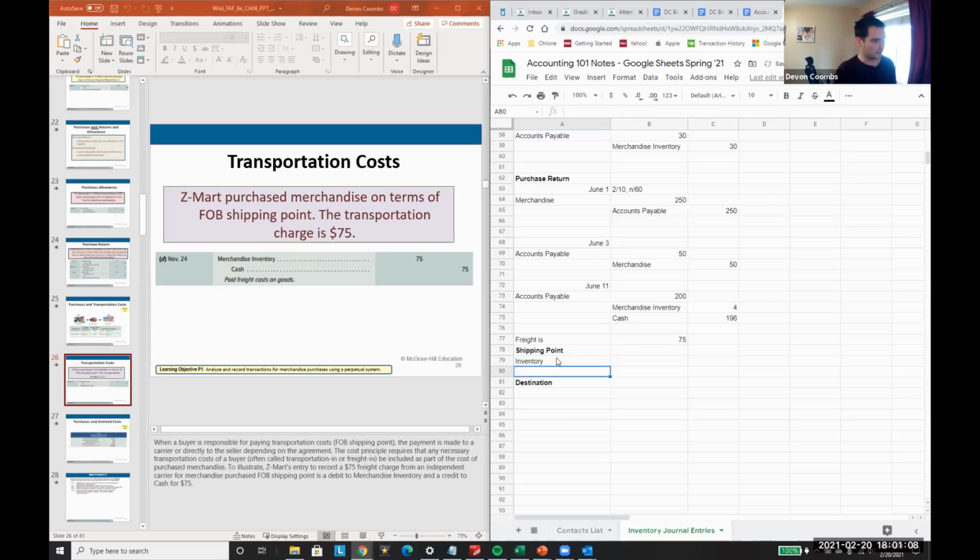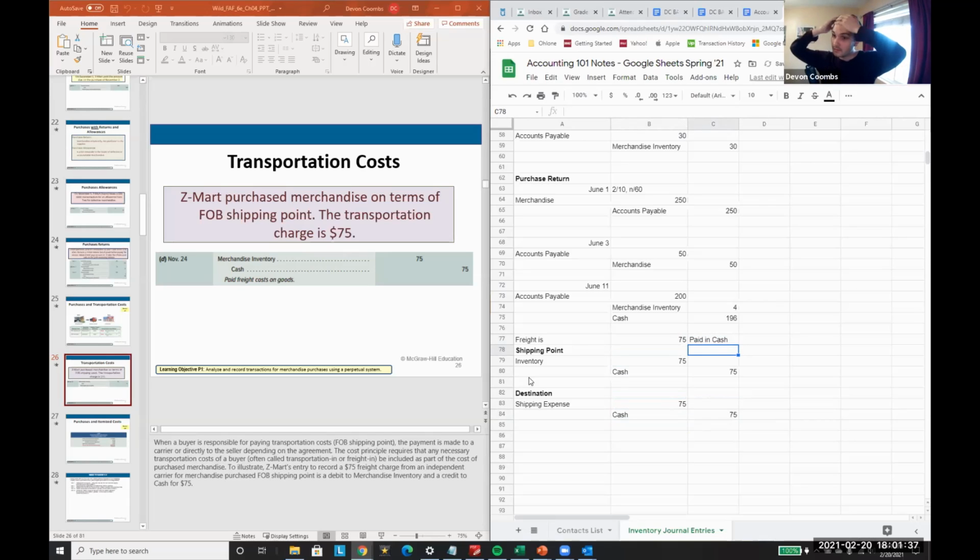Merchandise is not that commonly used. Cash is going to be 75. If it's destination, but we still have to pay for it, it'll be shipping expense, 75. That's if we pay cash.